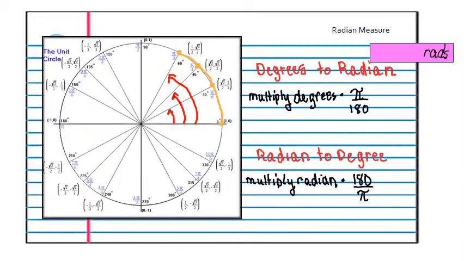The other thing that you need to remember with the unit circle is that all of these are going to make some sort of right triangle.